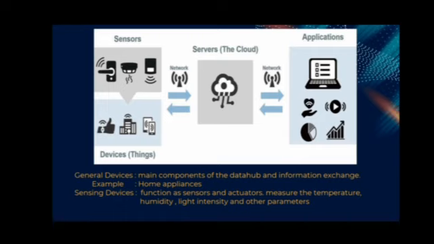As you can see in the pictures, sensors will send data to the devices, and the devices will save the data into the cloud. The cloud then sends the data into the applications so that it can be used for other processes.